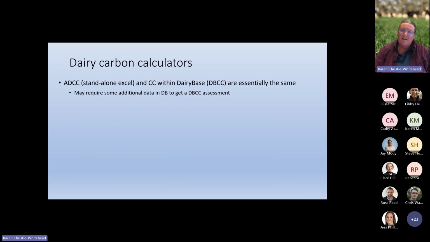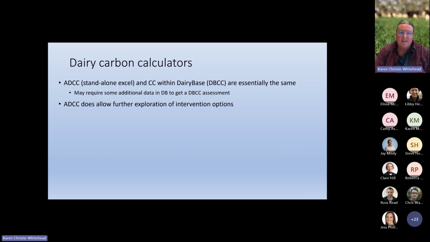What the Dairybase carbon calculator might require is just a few additional data inputs, for example, fuel and electricity consumption. So if you already have a client or you're already talking to farmers that have a Dairybase account and have their farm in Dairybase, that is a quick way to get a carbon assessment. They may need to add some additional data, but it's quicker than starting from scratch.